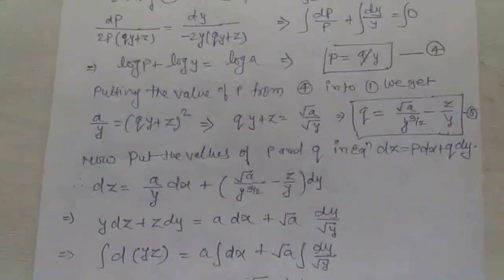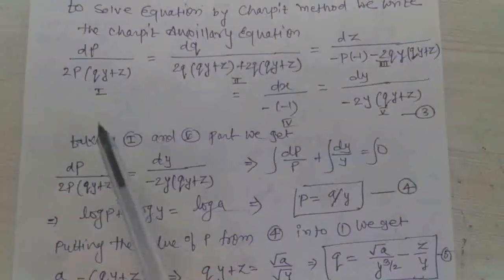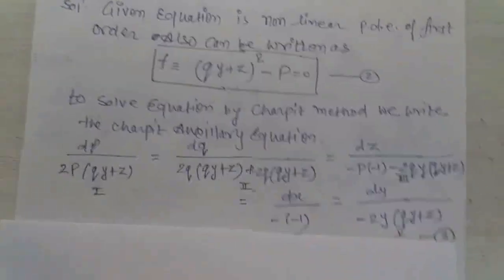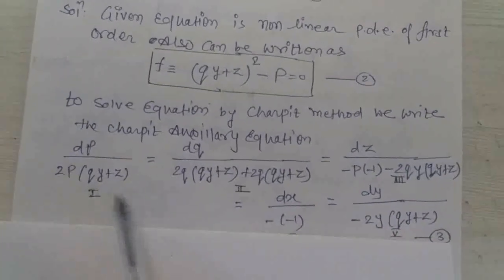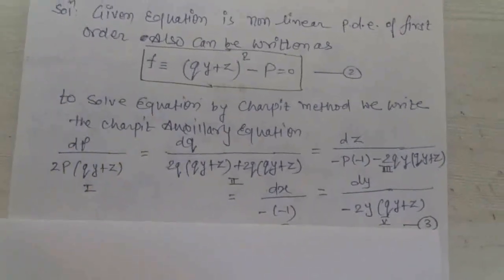In this question, we can take the first and second part also, because if we take the first and second part, then also the variables are separated and we can integrate and obtain the value of p in terms of q.